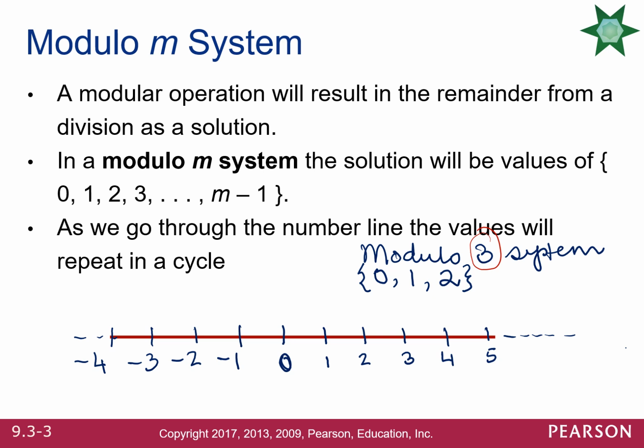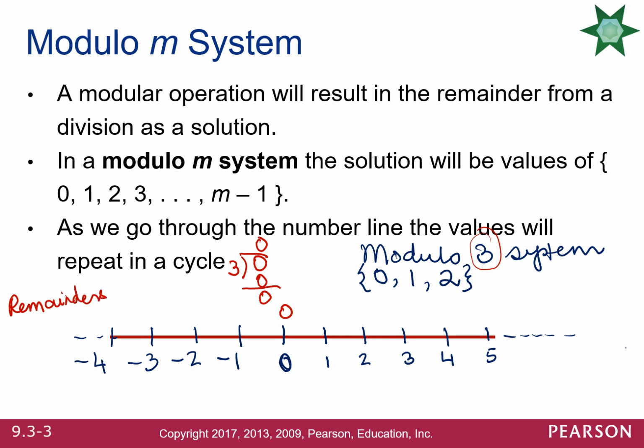Let me find a place here. All right, so I'll start here. Maybe 0 divided by 3. So 3 times 0 is a 0. So we write the 0 here. What is the remainder? It's a 0, right? So these are the remainders. I'm going to record the remainders here.